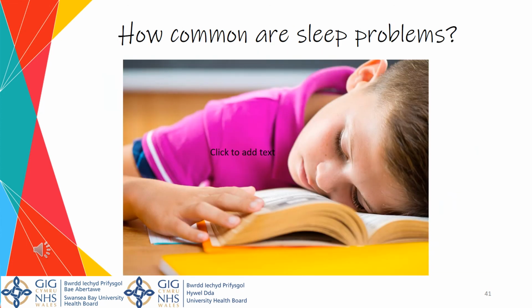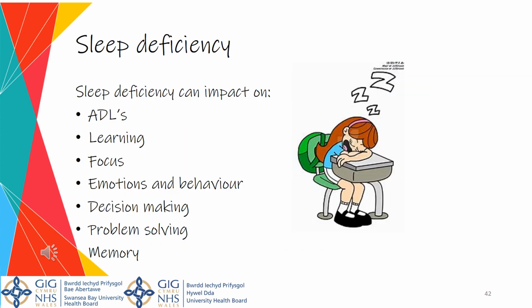So how common are sleep problems? In the general population, fewer than 3 out of 10 children are estimated to experience sleep problems. This figure is even greater among children with an intellectual disability, whose sleep problems also tend to be more severe and persistent. So what is the impact of sleep deficiency?